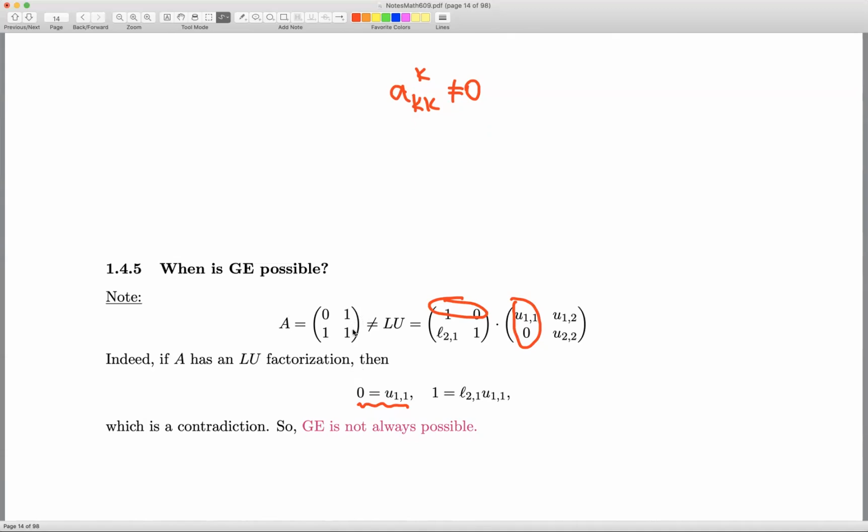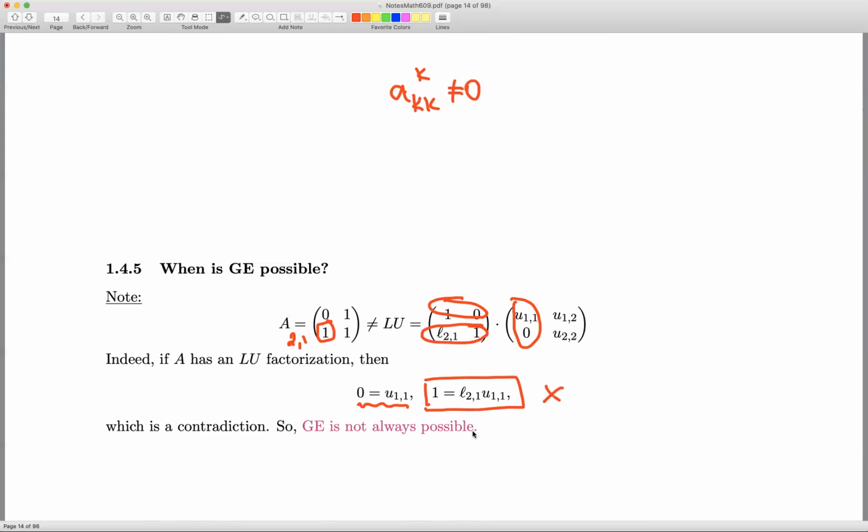And at the same time, if we look at this element in position 2,1, it is the product of the second row times the first column. So we will have that 1 equals L21 times U11 plus 0. And therefore we have this equation for U11 and L21.